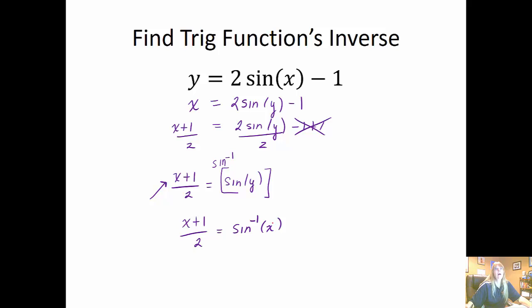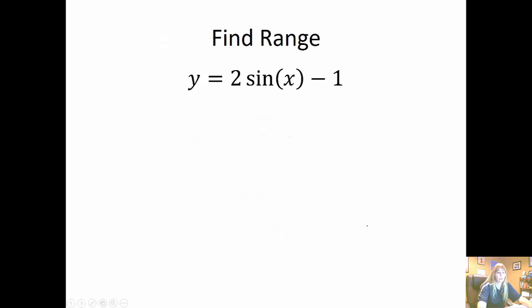Now if I'm asked for this function to find the range, once again, I go through and I solve this. So I put it in terms of just sine, so (y plus 1) over 2 equals sine of x. I just move the 1 to the other side.